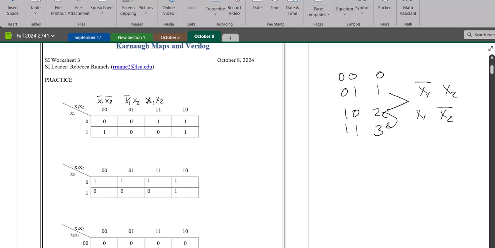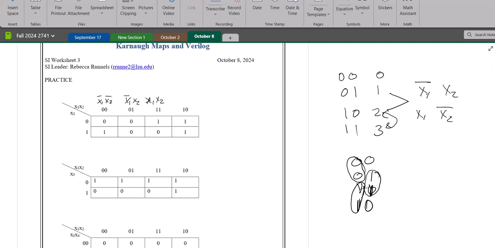But if we swap these two, 0, 0, 0, 1, 1, 1, 1, 0, now the first two share x1 equal to 0, the second and third share x2 equal to 1, and third and fourth share x1 equal to 1. So always be careful with that.